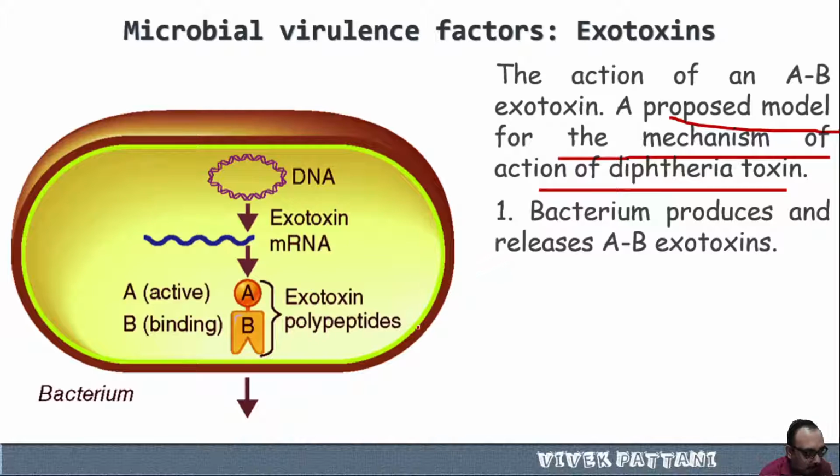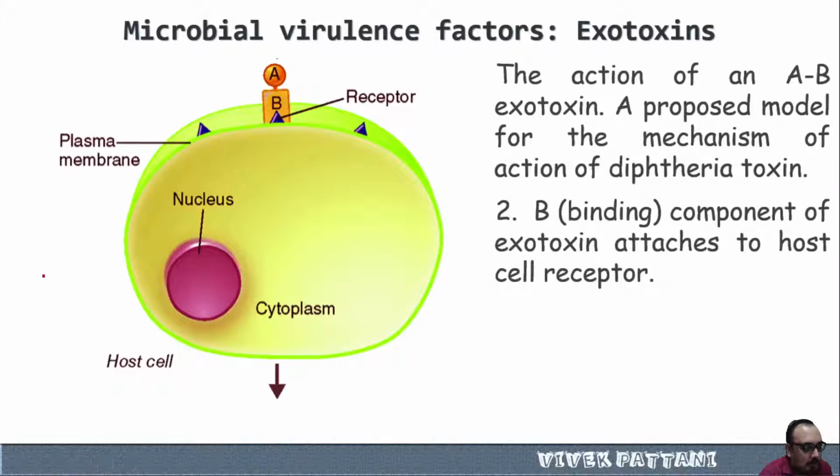Now what happens? A bacterium produces an exotoxin, where A is the active portion and B is the binding portion. In the first scenario, the bacterium produces and releases the AB toxin.